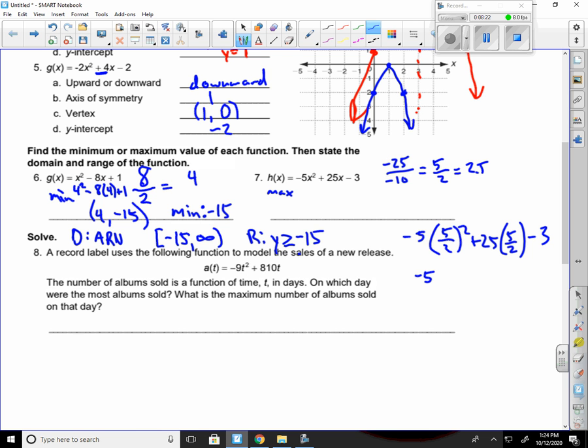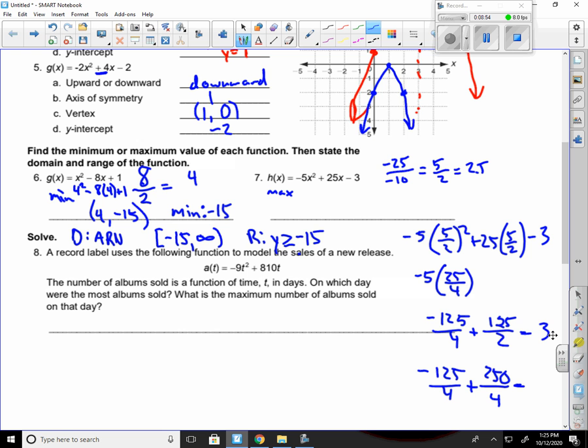So it's -5 times 25 over 4. I can multiply that out, gives me -125 over 4 plus 125 over 2 minus 3. Have to get a common denominator. So that's going to make this -125 over 4 plus 250 over 4, multiplying both the top and bottom by 2.